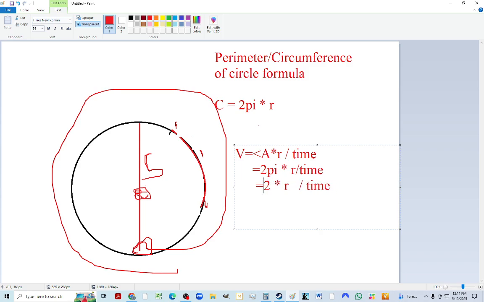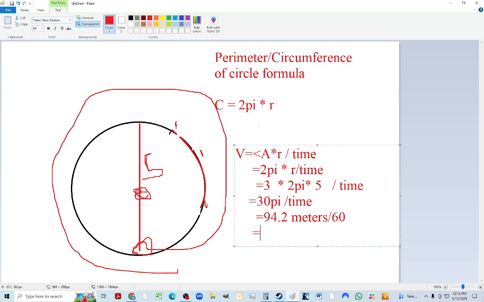If for instance my Ferris wheel goes around 3 times in 60 seconds, it's 3 times 2 pi times r divided by time. Then I would fill it in. This becomes 30 pi divided by time. As we discovered before, 10 pi is 31.45, so 3 times that one is like 94.2 something meters, and the time was 60.